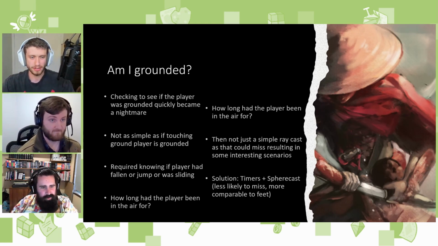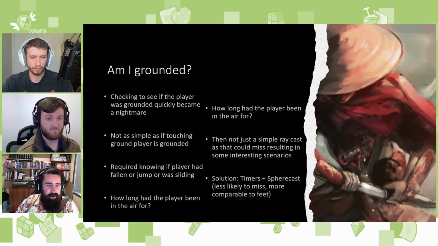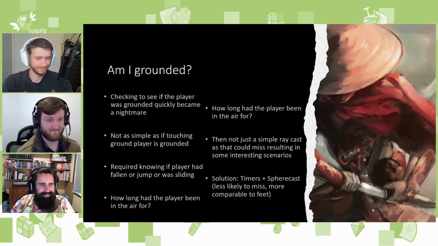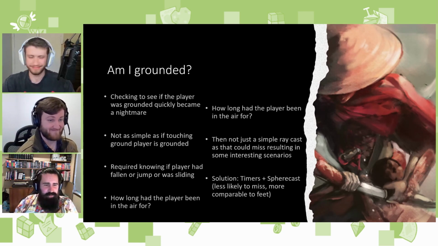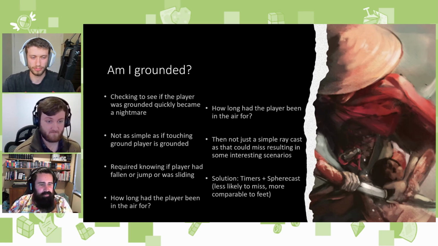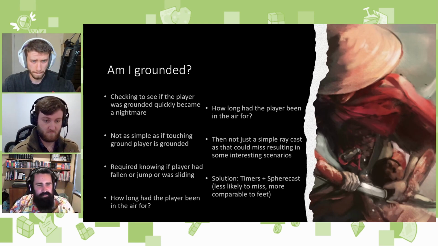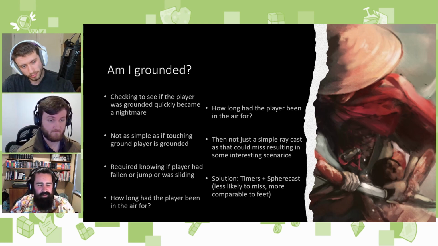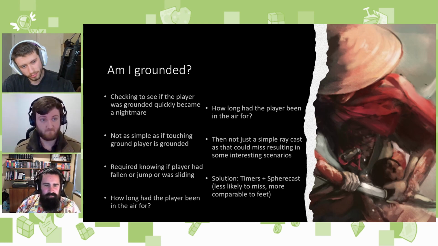So I quickly moved away from that and invented my own little grounded check, which was just a straight raycast down from the bottom of the character. If there are any programmers in the chat, they will know that this is a horrible idea, because our character has some girth or width, and with a straight raycast down, you miss a whole lot of colliders to note that you're grounded.